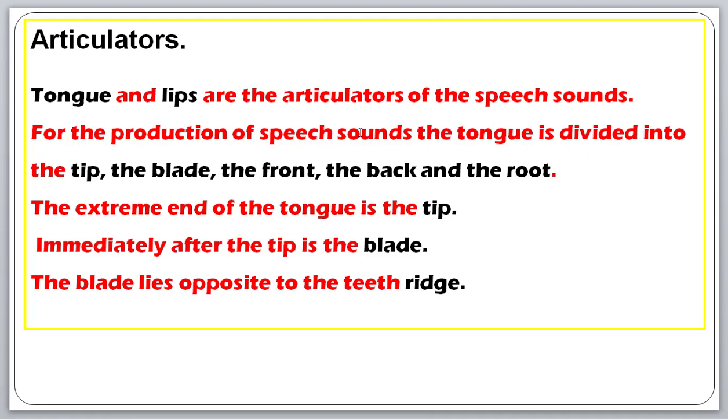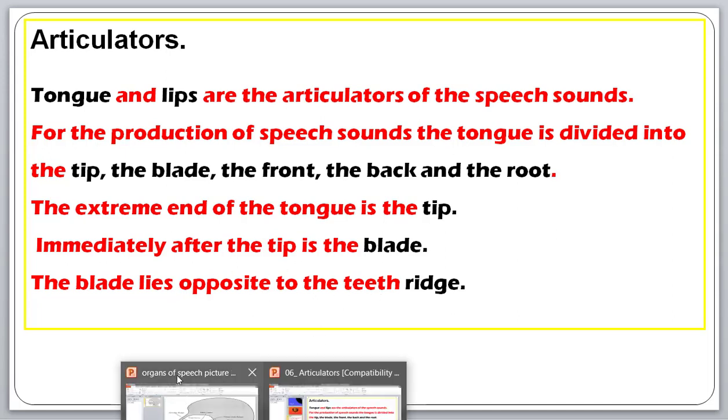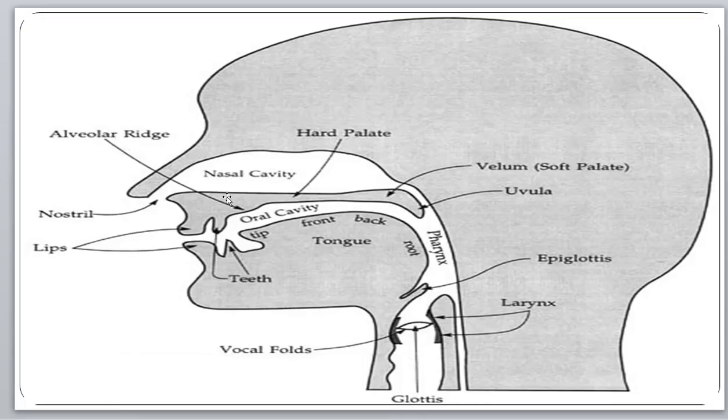For production of speech sounds, the tongue is divided into the tip, the blade, the front, the back, and the root. Okay, the extreme end of the tongue is the tip. Immediately after the tip is the blade. The blade lies opposite to the teeth ridge. This is the teeth; the alveolar ridge is the teeth ridge.